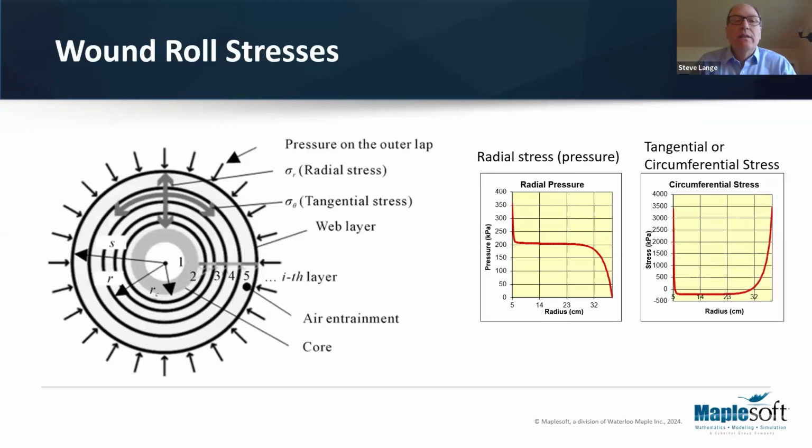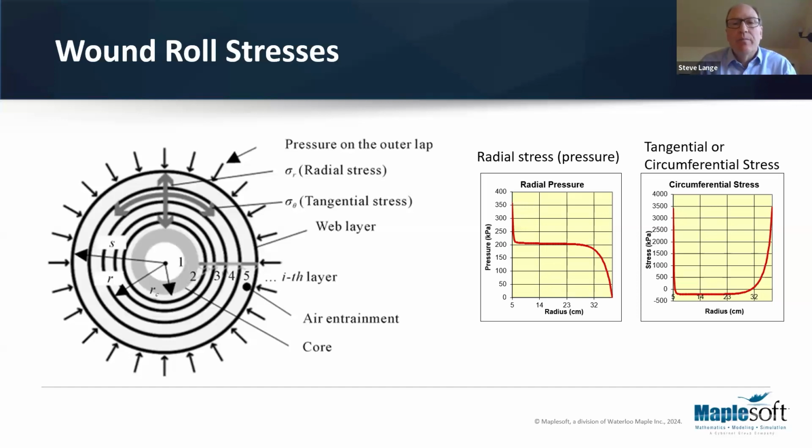And these stresses in the web itself, when you then wind these webs up on rolls, which is a common way of packaging webs that are made, or in wound rolls that you unwind, the tension that's in the web is converted into at least two different types of stress in the wound roll. First is radial stress, that's kind of pressure between the layers, and tangential stress is the machine direction stress.